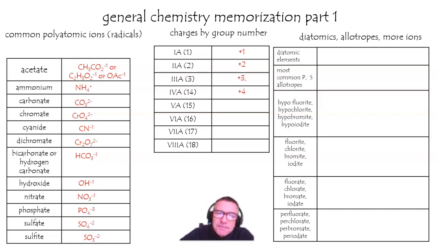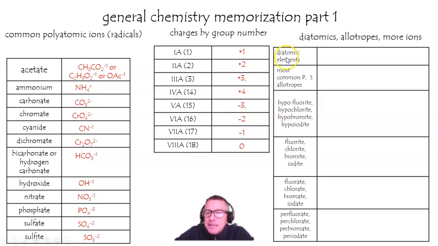Group 5, also known as the nitrogen group, goes -3. It's easier to gain 3 electrons, since they have a negative charge, that's where the negative sign comes from, than it is to lose 5. Group 6, -2. Group 7, -1. Group 8, these are the noble gases. They don't tend to do anything at all.